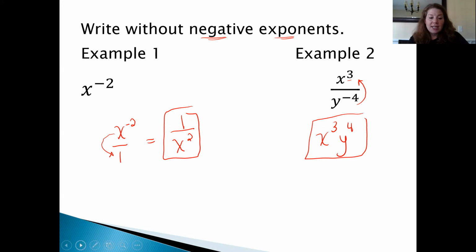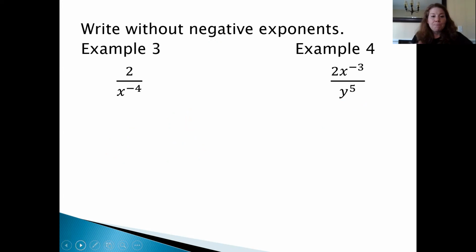So you have to change positions. My 2 is just a 2, like 2 over 1. So it stays where it is. That x moves up so we can make it a positive 4. And we don't need to write a denominator of 1. So this is just our final answer because those are all up in the numerator.